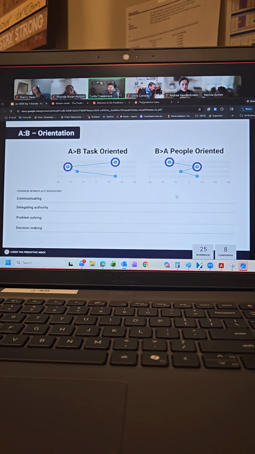When someone has a dominance drive on the high side and an extroversion drive on the low side, they are A over B. So they are task oriented. And that means that when it comes to communicating, they are direct and to the point.